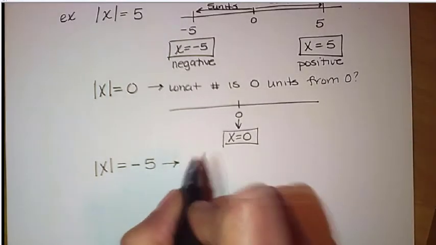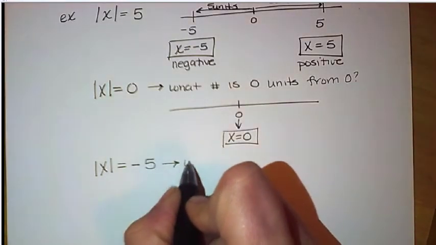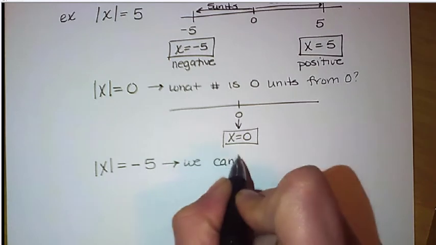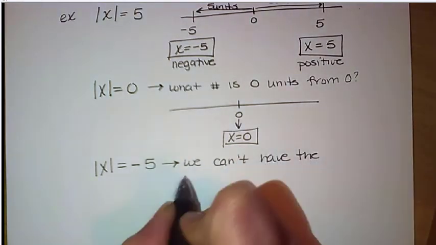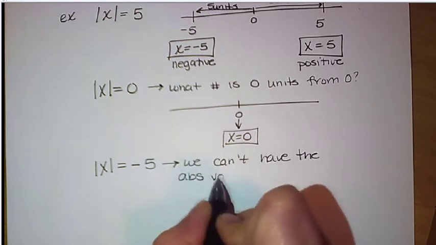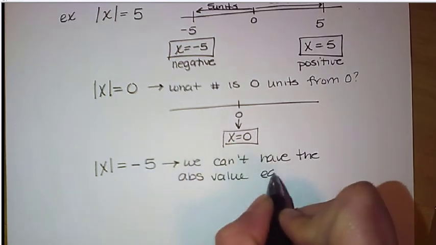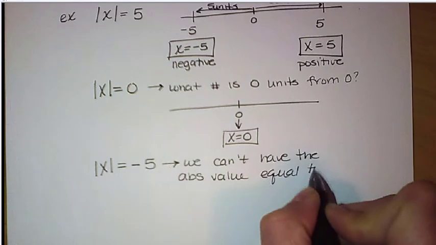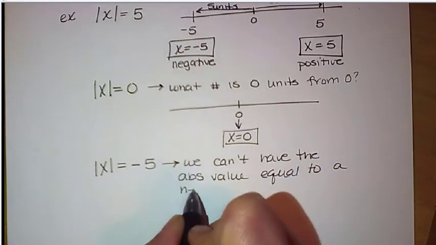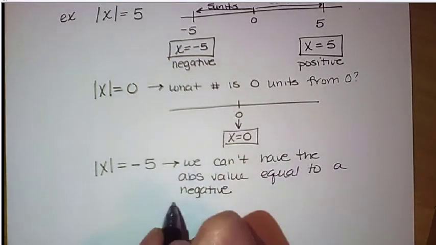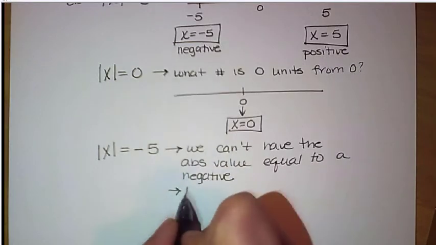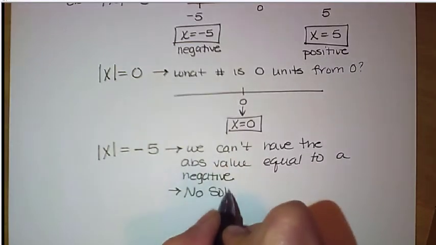So in this particular case, we cannot have the absolute value equal to a negative. So we would actually say that this particular problem has no solution.